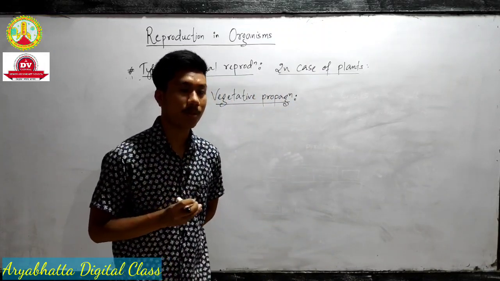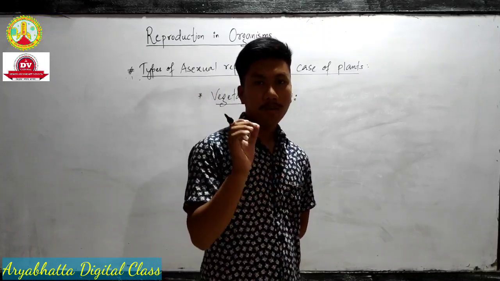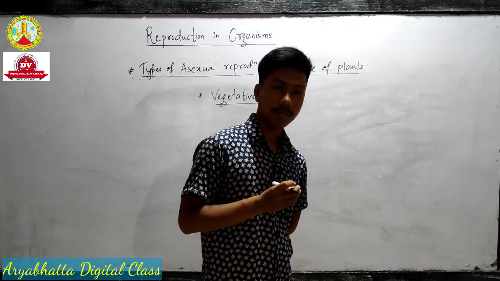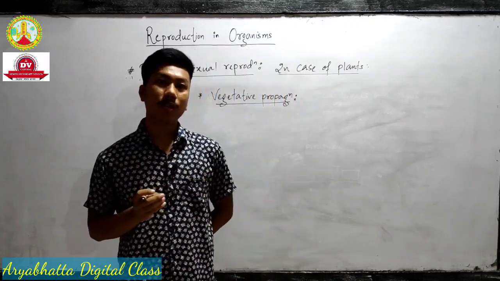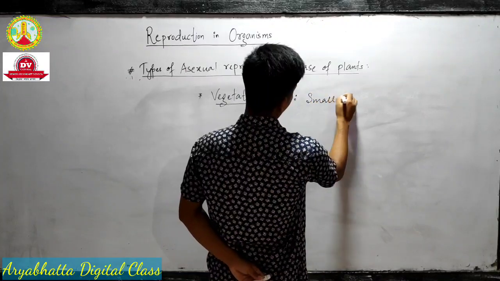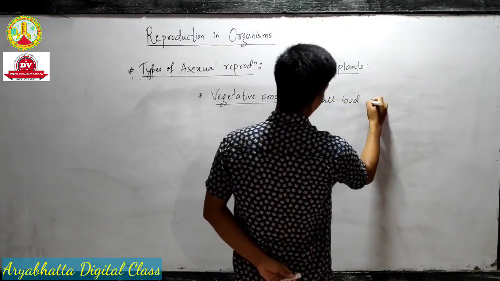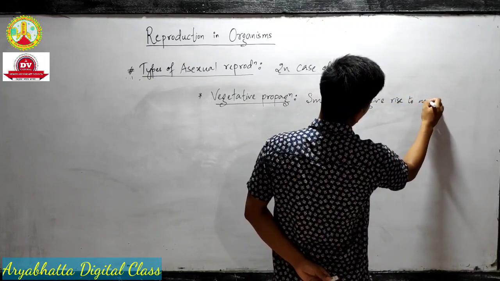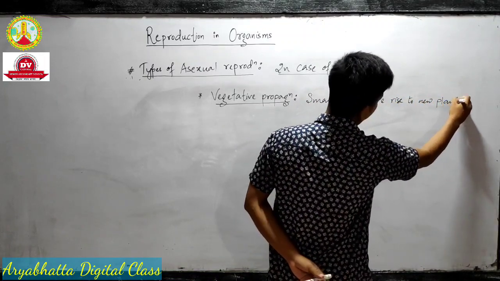What happens in vegetative propagation? A small bud gives rise to a new plant.